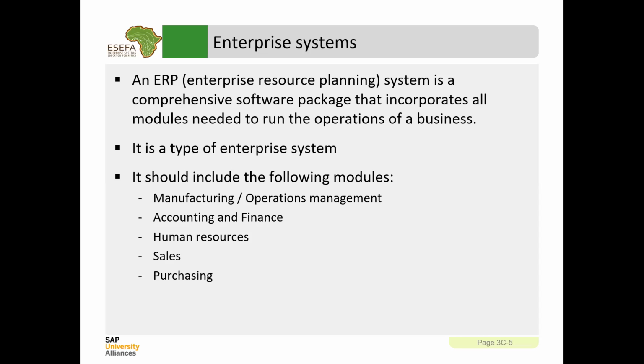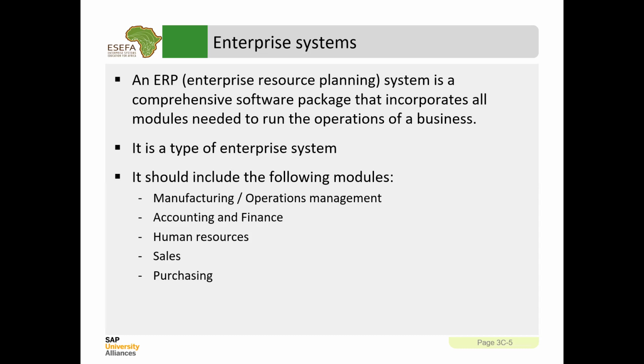So please remember this key point. They are very important for you to understand any enterprise system. You must have your manufacturing or production, you must have accounting, you must have your human resource, the sales, and purchasing.